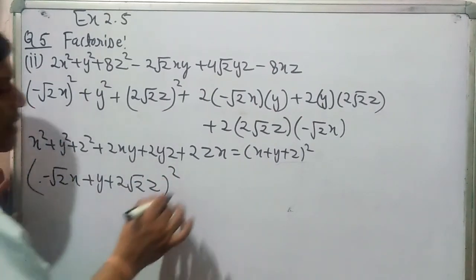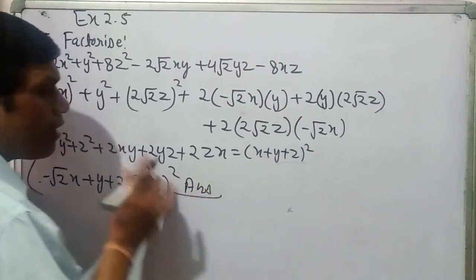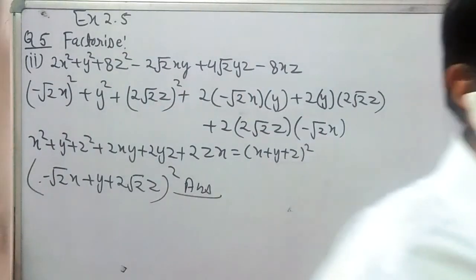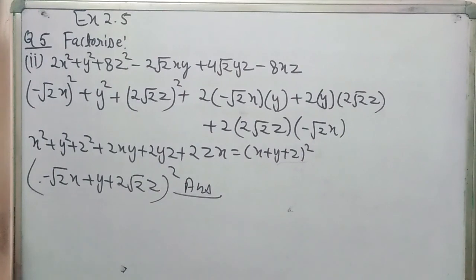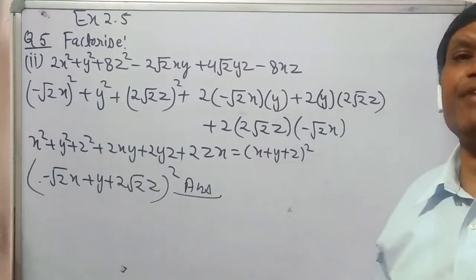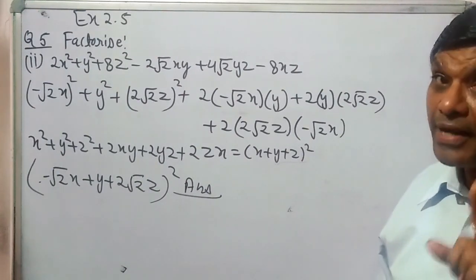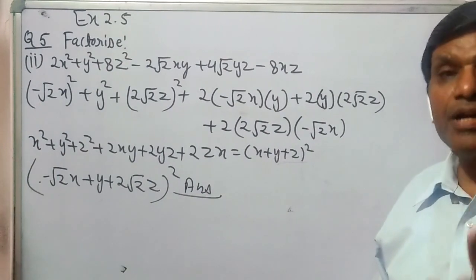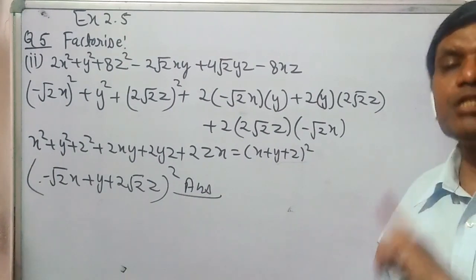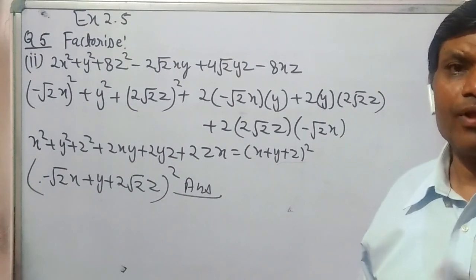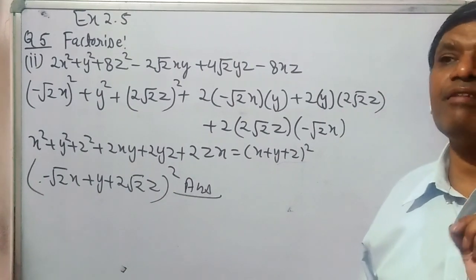This in fact is the factorization form of the given expression. Please remember, whatever expansion or factorization we are doing, that is always based on particular identity to which we relate our question. And this we have to identify very properly.